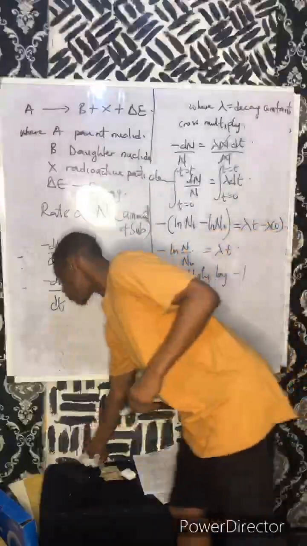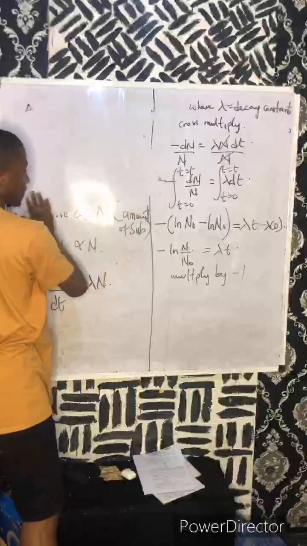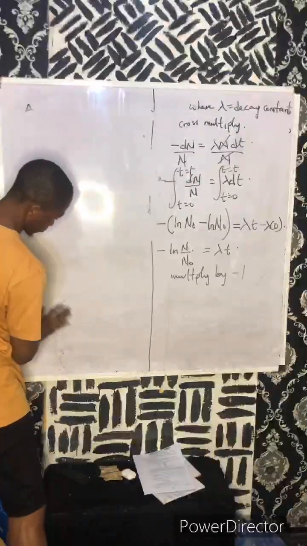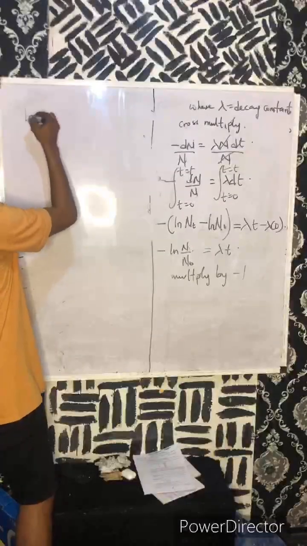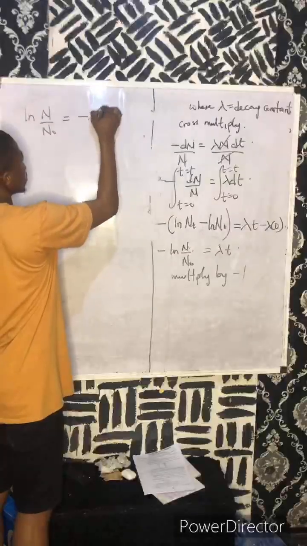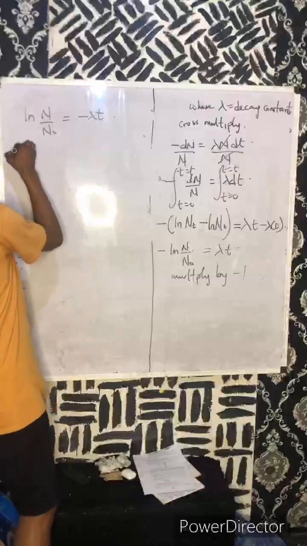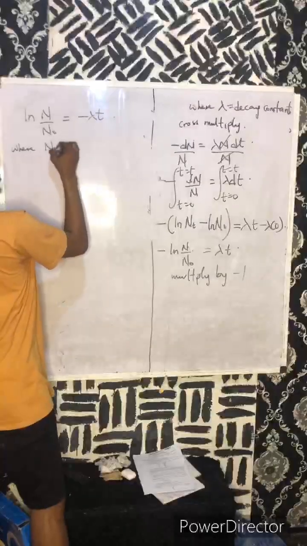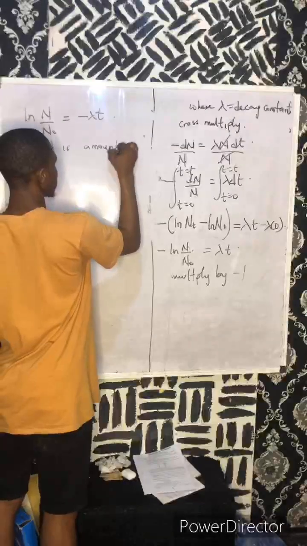When you multiply both sides by minus 1, you have ln n over n naught equals minus lambda t. Are we together?